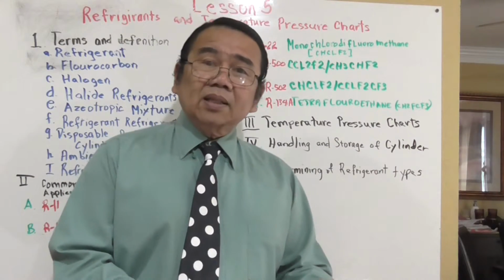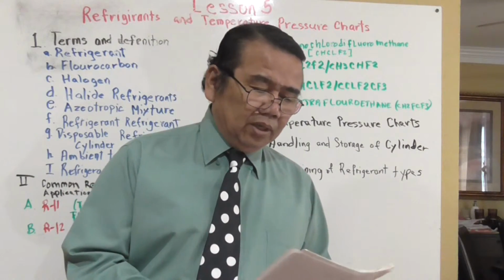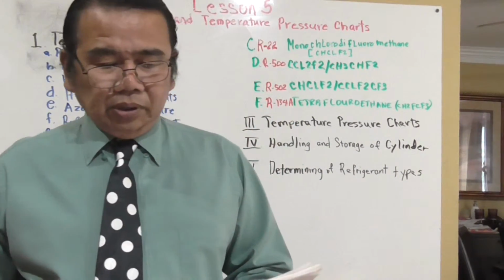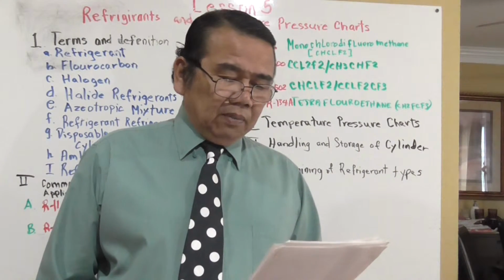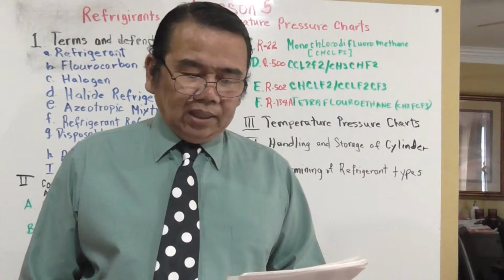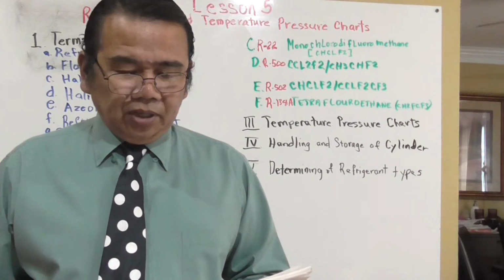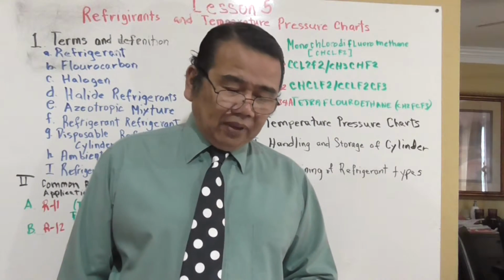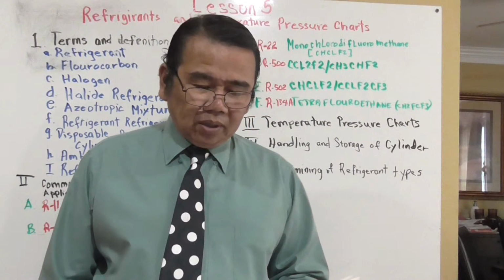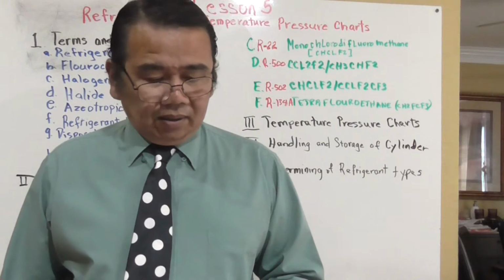The next one is a service cylinder. Service cylinders are used to service refrigeration or AC, used by the technician at the job site. The cylinder valve is usually fitted with a 1/4 inch male flare.